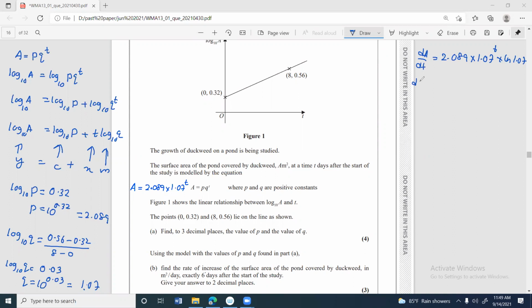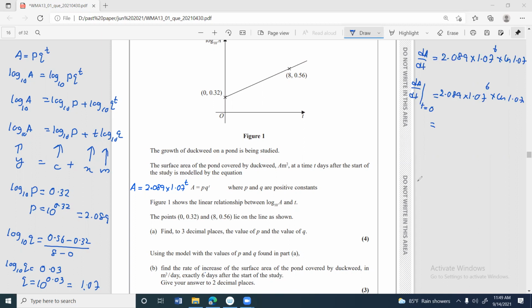So you can write dA by dt when t equals 6: 2.089 times 1.07 to the power 6 times ln 1.07.